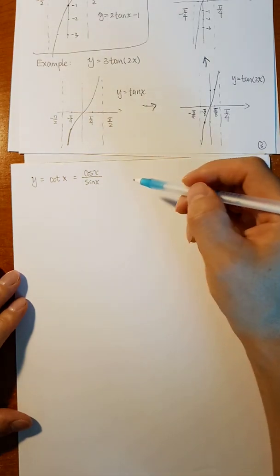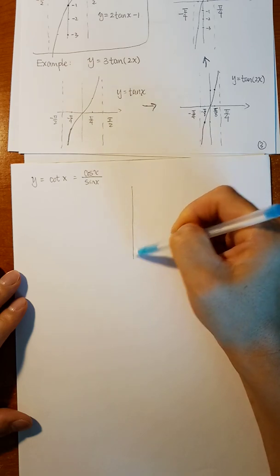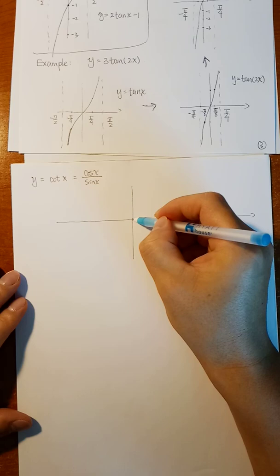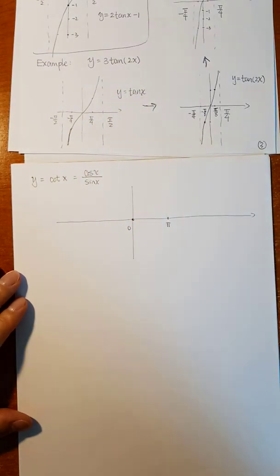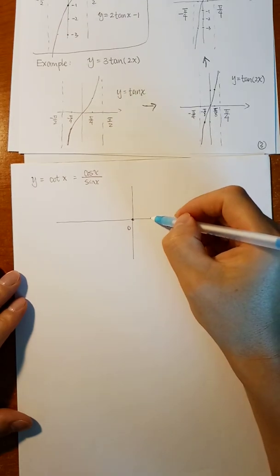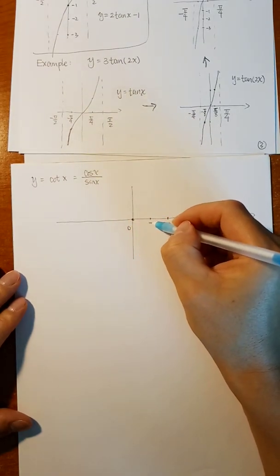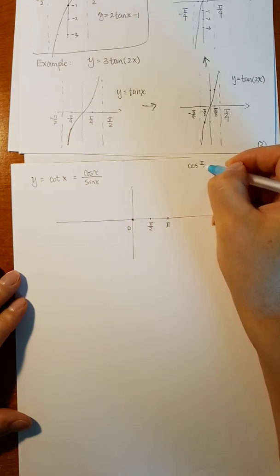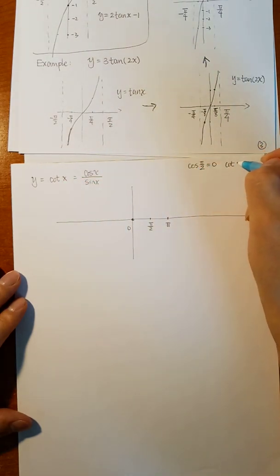So we have the 0 part and the pi part. And okay, when you get pi over 2, cosine pi over 2 is 0. So it makes cotangent pi over 2 also 0.